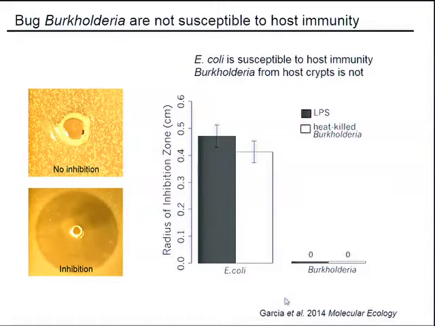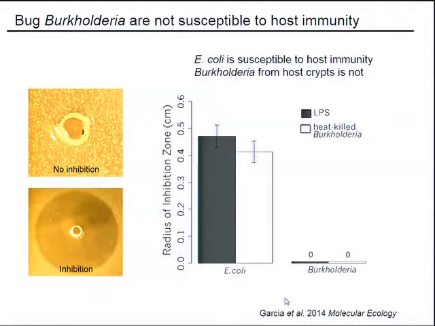So there's something that is killing them or keeping them from growing. However, this symbiotic Burkholderia, which is a strain from the crypts, there was no effect whatsoever. All of the plates look like this, suggesting that either the Burkholderia can do something to overcome these host defenses, or the hosts are really tolerant towards them.